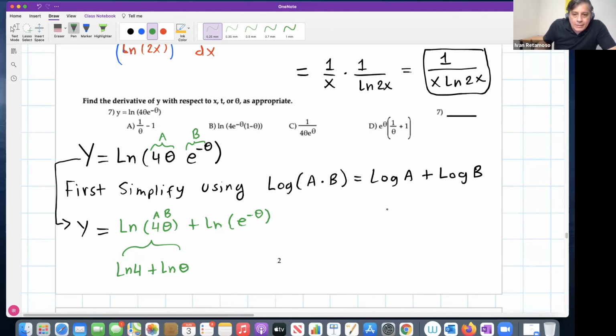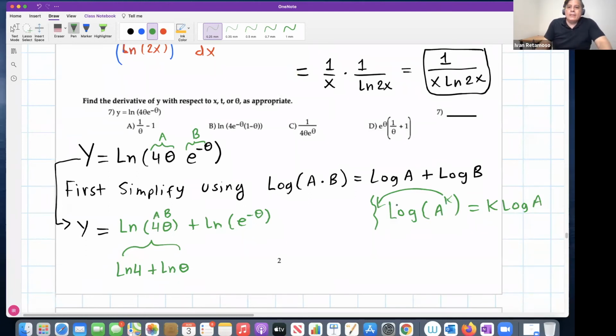There is a property for logs that says the log of A raised to K is equal to K times log of A, right? The exponent can be taken outside as a constant multiplying the log. Remember this property? So I'm going to apply this property here to this exponent negative theta. So this will be minus theta multiplied by natural log of e.